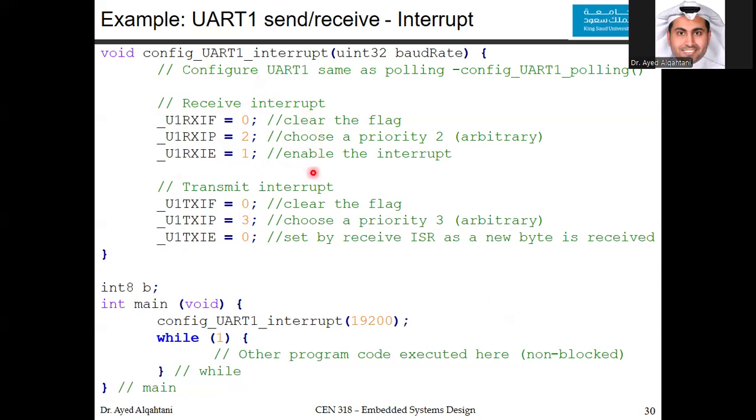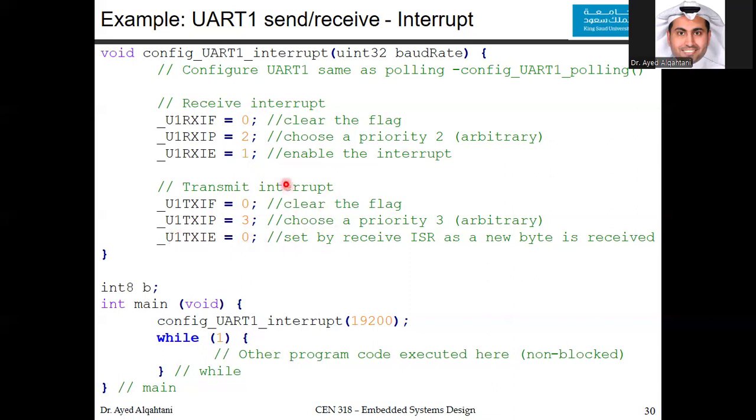We can do it the other way around based on your choice. We enable the receiver. Now, if there is something in the receiver buffer and the flag is on, it will interrupt the CPU and you start receiving. Now for the transmit, the flag is 0, the priority is 3, the enable is 0.